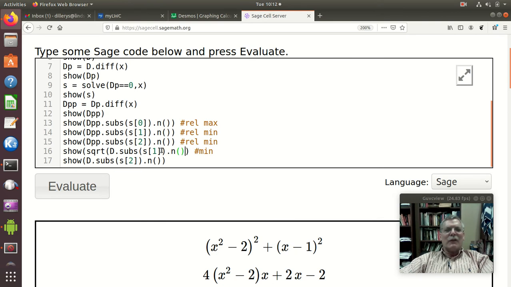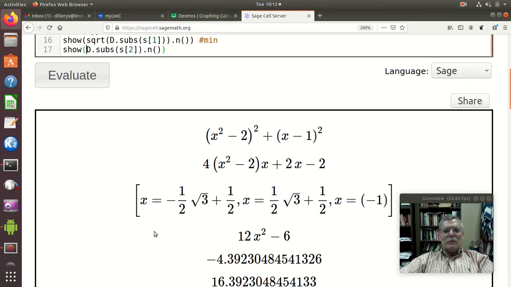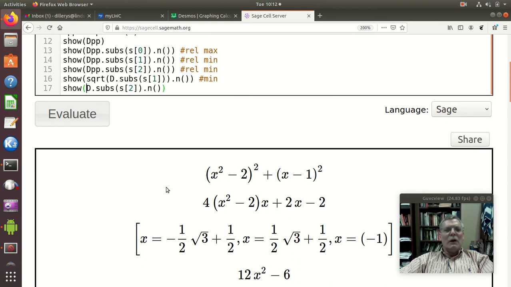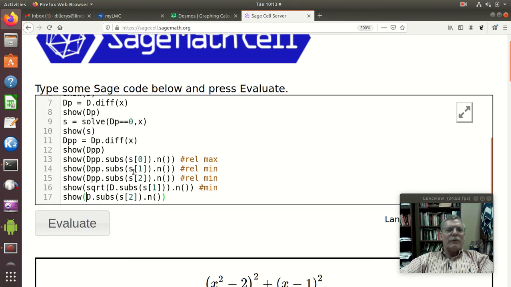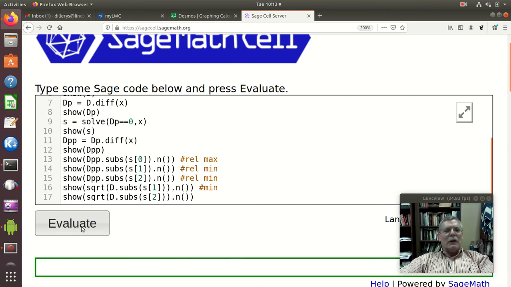Now, I guess theoretically, it should be better to keep the exact answer as long as possible, and then just to compare the two. I'll do the square root of 5 here with the square root, and again close that off in there and hit evaluate.